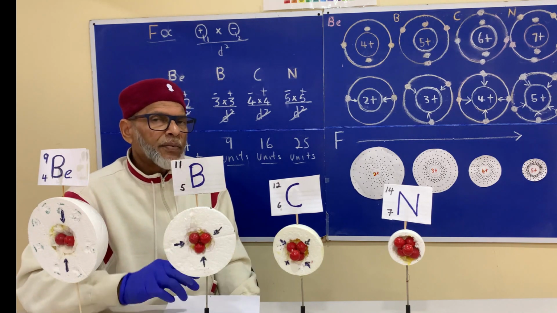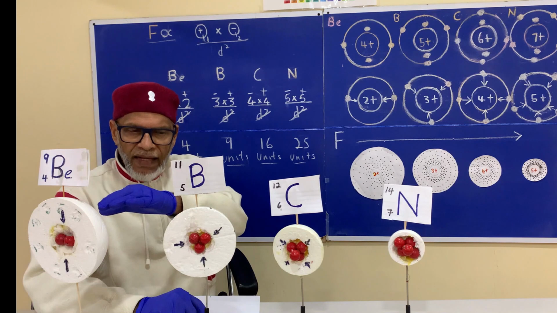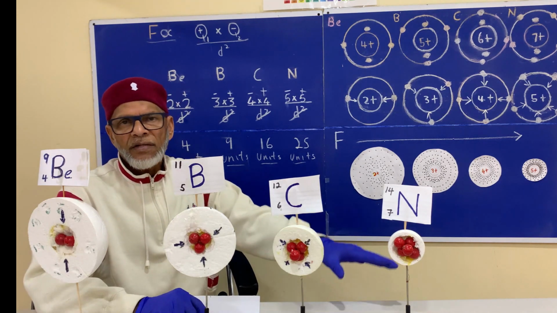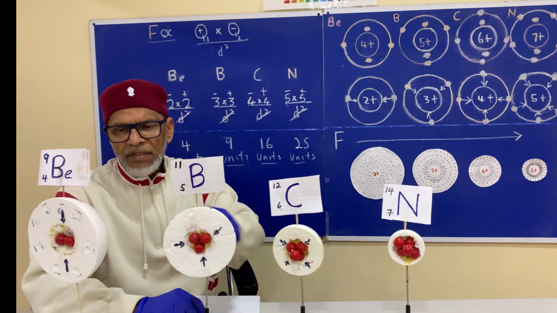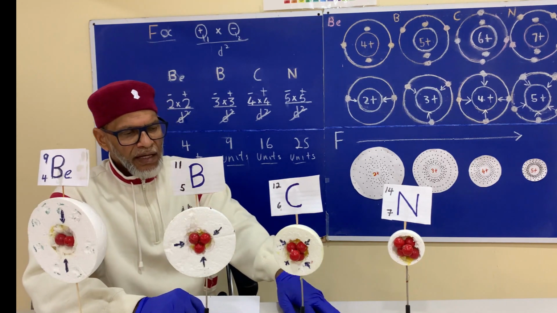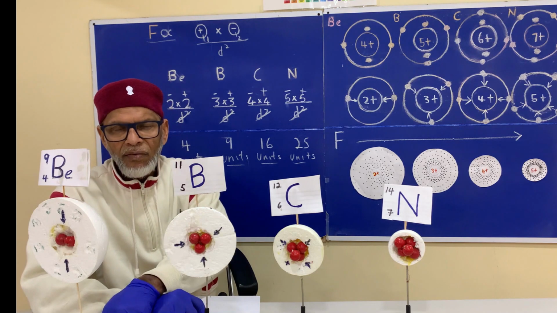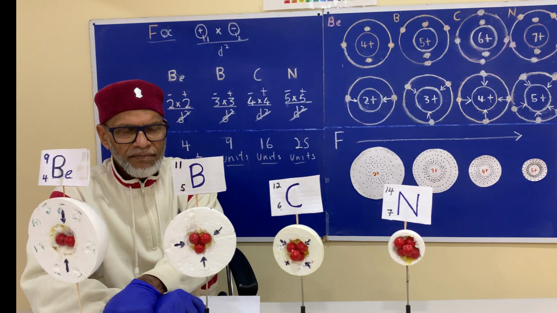What do you think will happen with the densities of these atoms? Obviously, the densities will increase in that direction. The atoms become denser as you move in that direction. So you expect nitrogen to have the greatest density of all of these, and beryllium will have the least density.